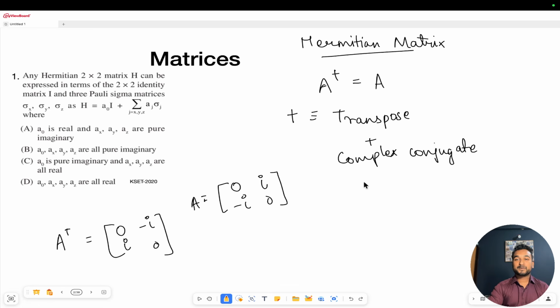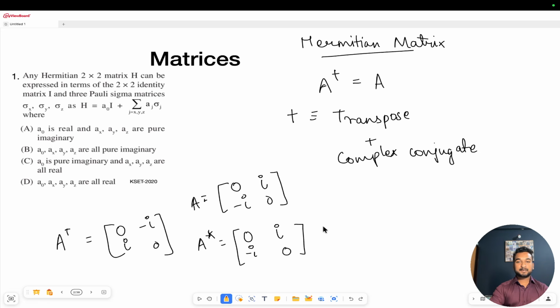Now you have to take the complex conjugate, A star. That means wherever there is a complex number, you replace it by its negative: 0, minus iota will be iota, iota will be minus iota, and this will be 0.